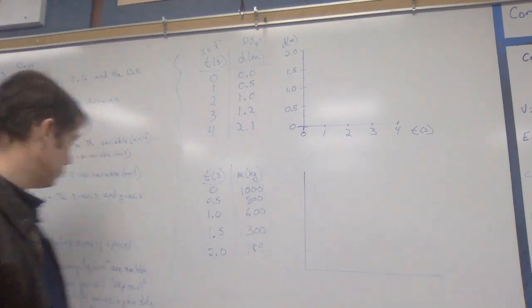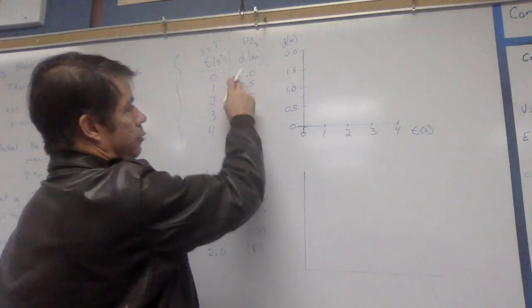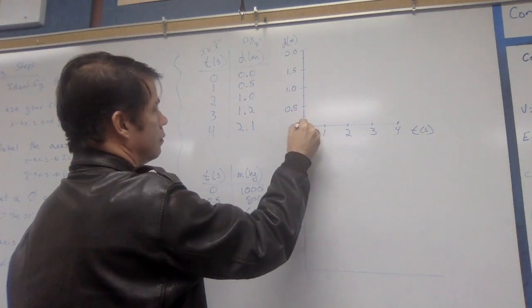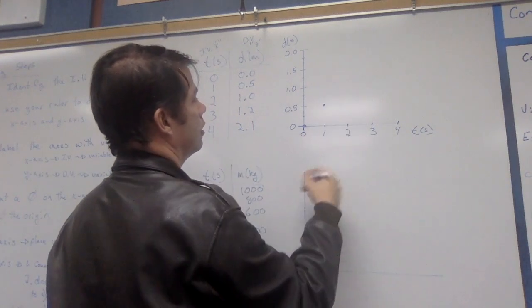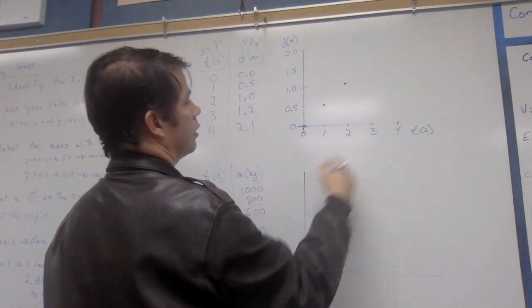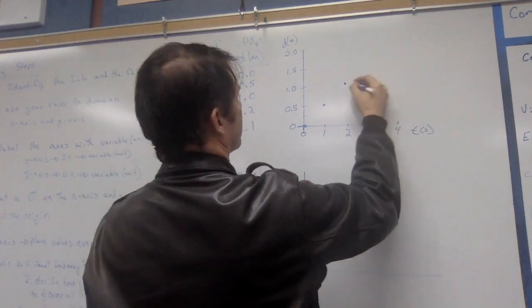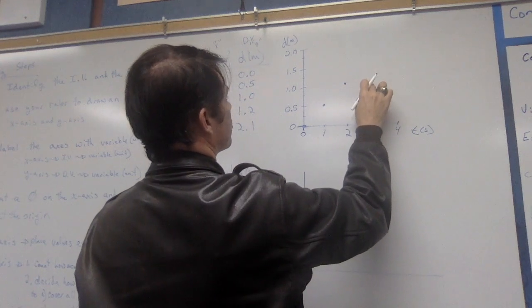The next step, we are on step 6, plot each point. So we've got 0, 0. We've got 1 and 0.5, which is about here. We've got 2 and 1.0. And then we've got 3 and 1.2. Oh, 1.2 is not exactly on where we want. So there's 1.